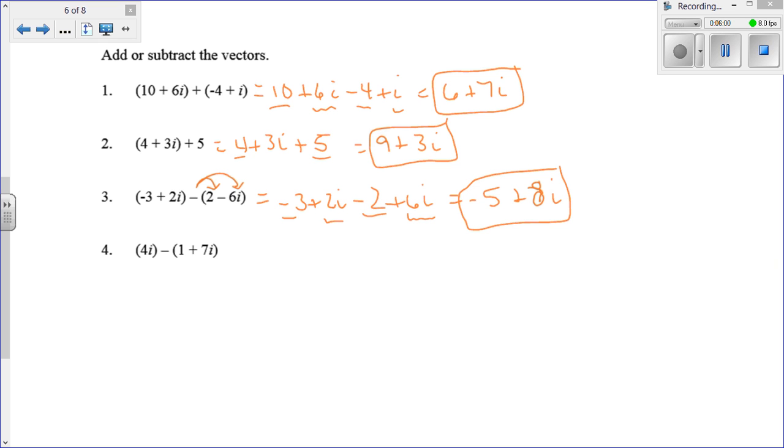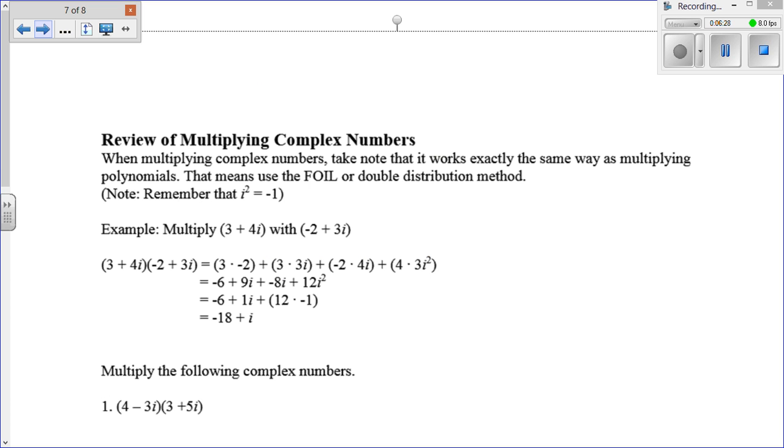For number 4, I have 4i and distribute my negative. So 4i minus 1 minus 7i. I have nothing to combine with the negative 1, so it's negative 1, and I have 4i and negative 7i, so I have minus 3i. The whole number, remember, always has to go first. The complex number, i, always has to come second. All right, moving on.